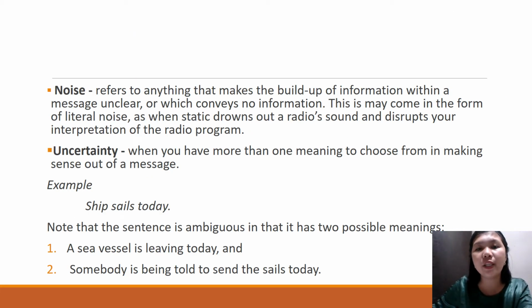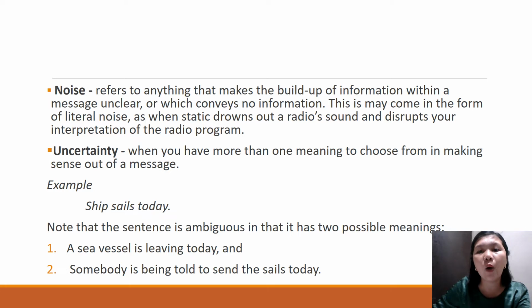However, there are instances when the message intended by the sender is not understood by the receiver. When this happens, we say the message has noise. Noise refers to anything that makes the built-up information within a message unclear or which conveys no information. This may come in the form of literal noise, as when static drowns out a radio sound and disrupts your interpretation of the radio program.